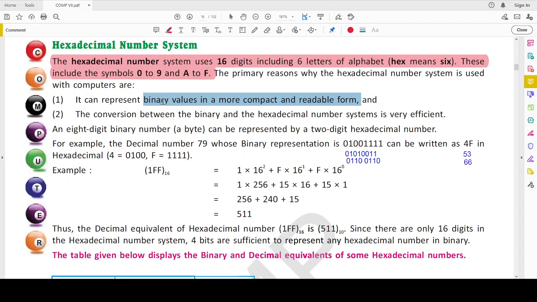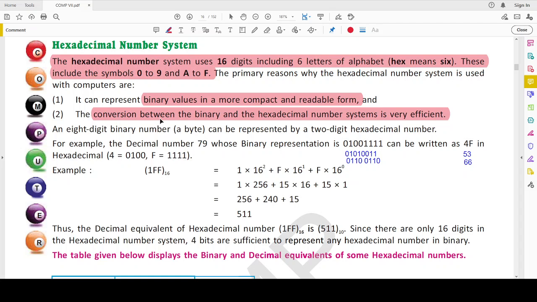And the conversion between the binary and hexadecimal number system is very efficient and easy, right? So there are two reasons why the hexadecimal number system is used with computers. Okay, so we will see how it is very easy.